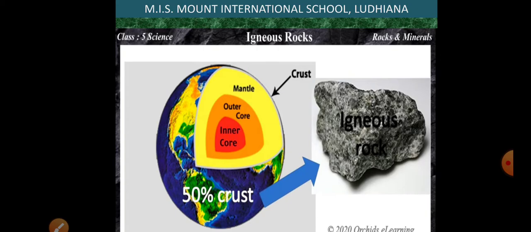Okay, means a huge volcanic eruptions might have happened in our past, which leads to today's crust of earth. Okay, as the earth's crust contains about 50% of igneous rocks.